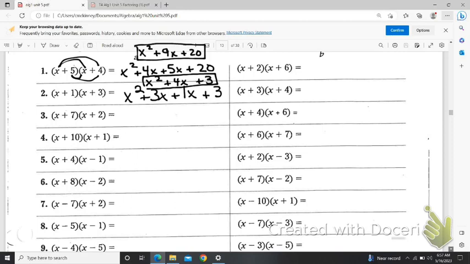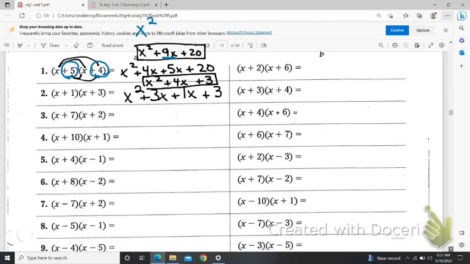So you may start to notice, they both have x squared, because x times x is, of course, x squared. If I just look at these two, these are just going to be constants at the end, the second term. If I look at these constants, and I add positive 4 and positive 5, notice I get the middle term.